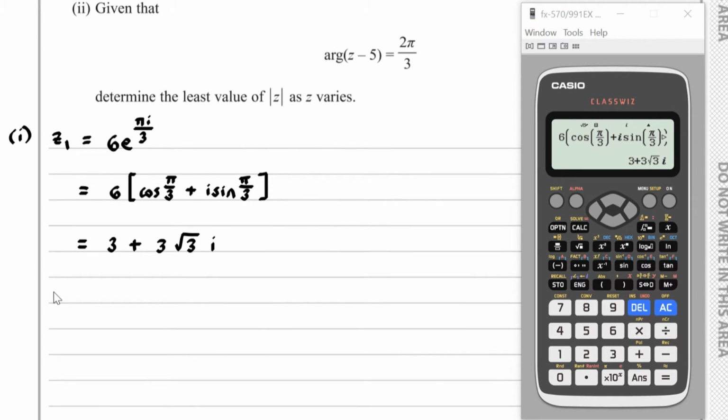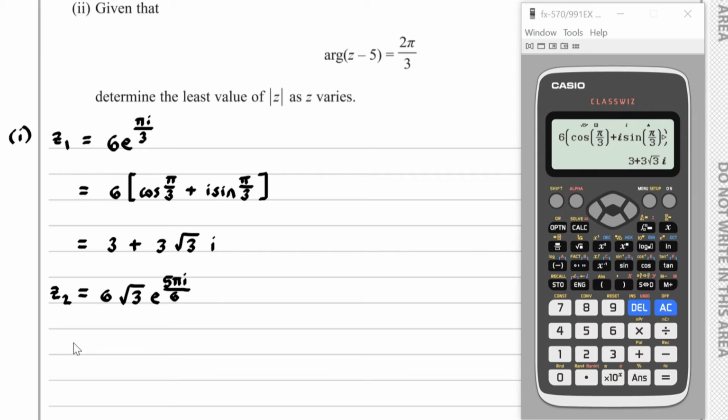Similarly, for z2, that's equal to 6 times the square root of 3 times e to the 5 pi i over 6.